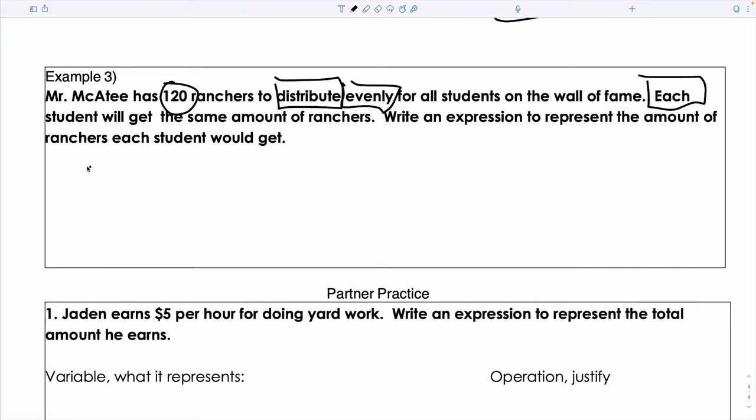S for students. And we don't know the number of students, so S is the number of students. I got 2 that are waiting, or 3. They're just in the box. I don't know something else. What's another thing I'm missing? Hadley.